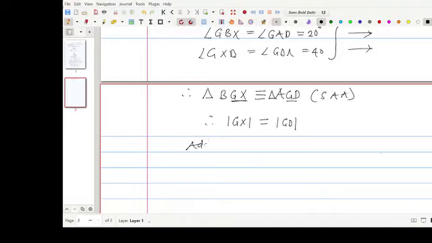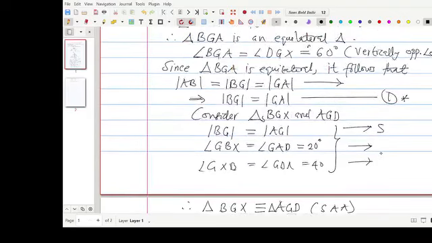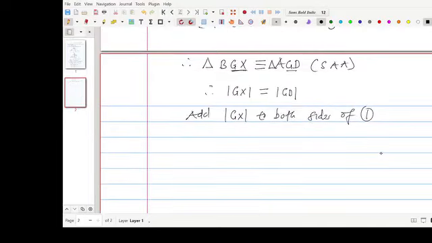We add length GX to both sides of 1. All right. Let's do that. In equation 1, we have that GB is equal to GA. So I can write GB and add GX, all right? And it's equal to GA, and I'll also add GX to it.